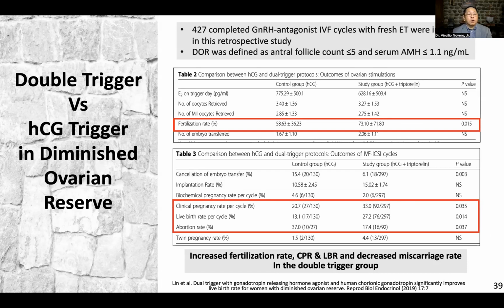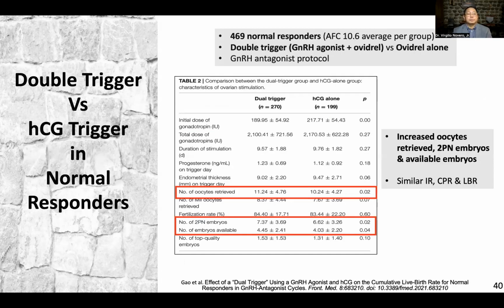This is by Lin et al., also comparing GnRH agonist double trigger with your HCG trigger alone in diminished ovarian reserve, and they found an increase in your fertilization rate in your double trigger group, and also an increase in your clinical pregnancy, live birth, and decreased abortion rate also in your double trigger group.